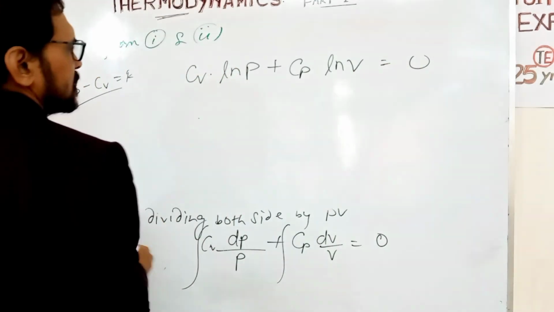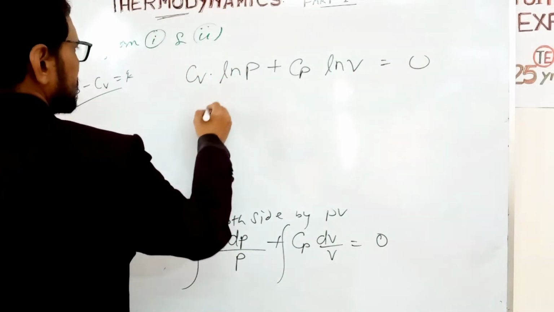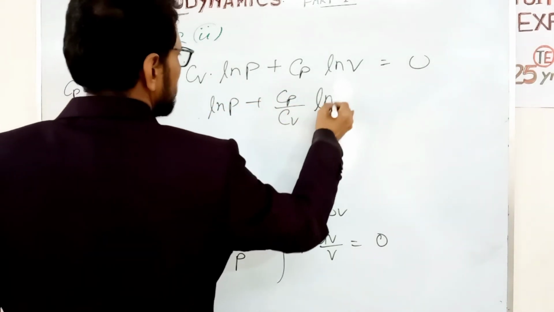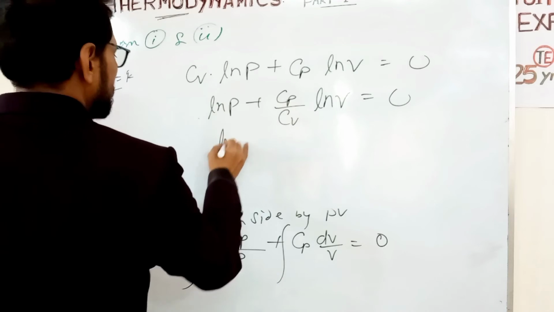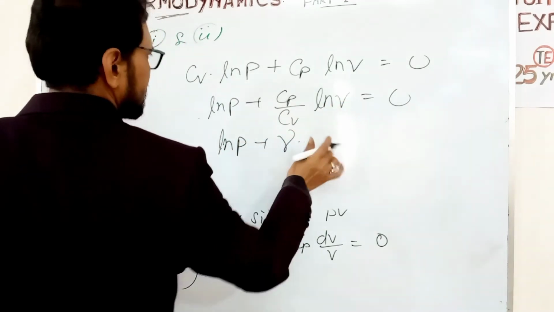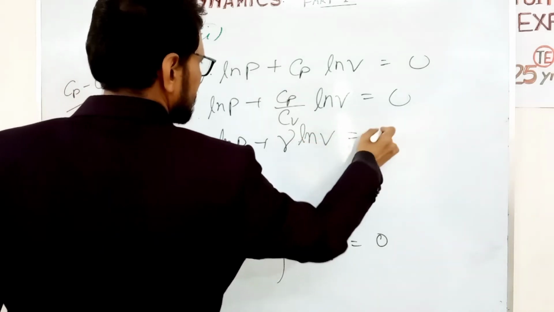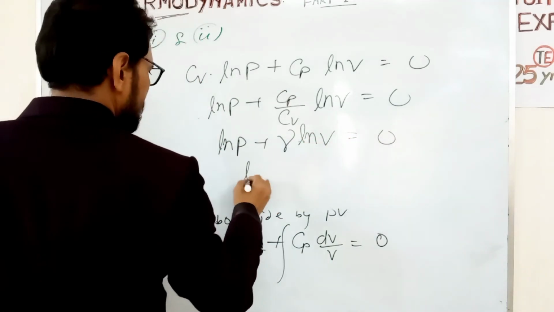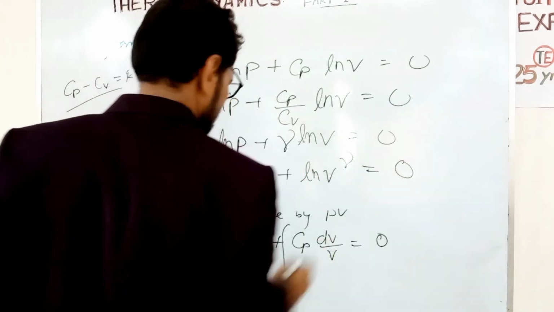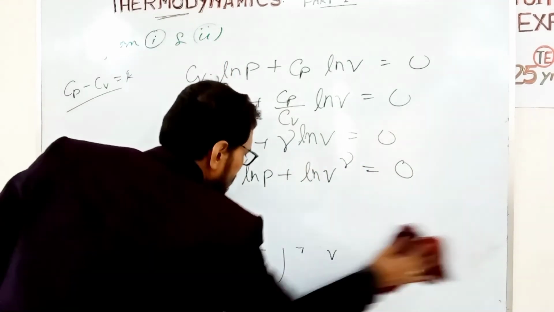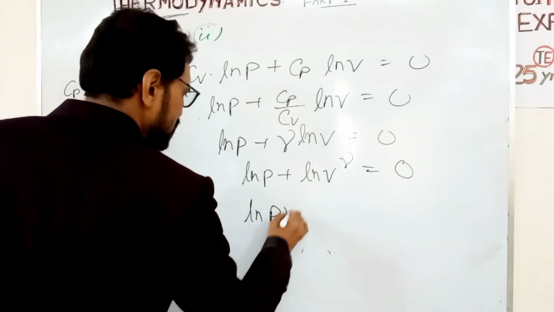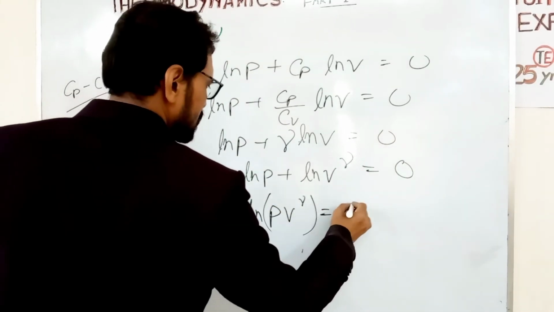Now dividing by Cv, ln P plus Cp by Cv, which is gamma, times ln V equal to 0. So ln P V to the power gamma equal to 0.